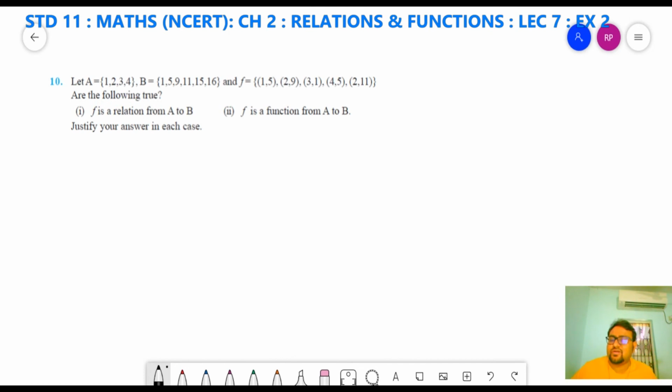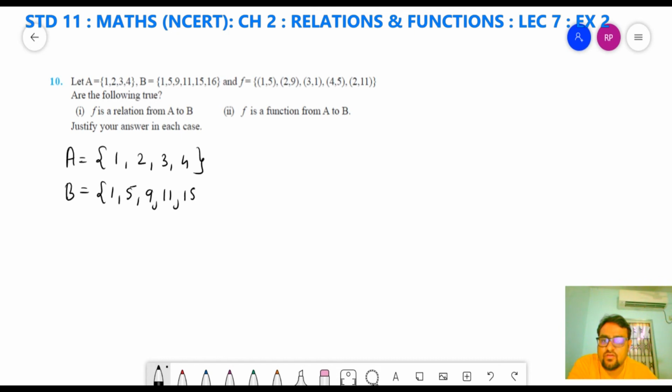Question number 10. The set A is given as 1, 2, 3, 4. Let me write it down here: set A is equal to {1, 2, 3}. Set B is equal to {1, 5, 9, 11, 15, 16}.